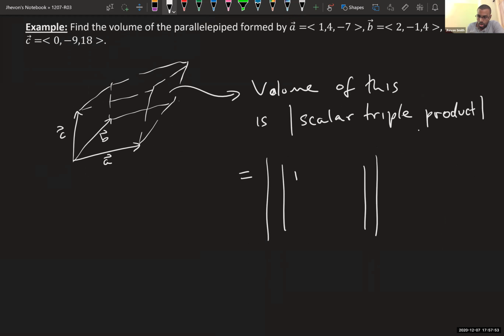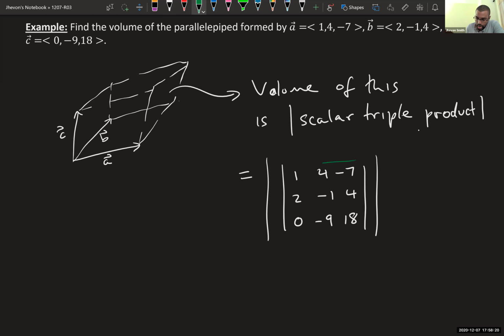So it's 1, 4, -7, 2, -1, 4, and 0, -9, 18. And because this could give you a negative number, you take the absolute value of it. The negative is a matter of orientation, so it's not what we care about when we talk about volume, but that's basically going to be it.